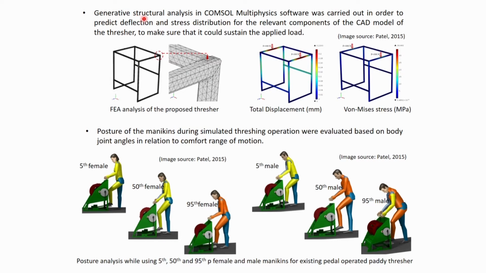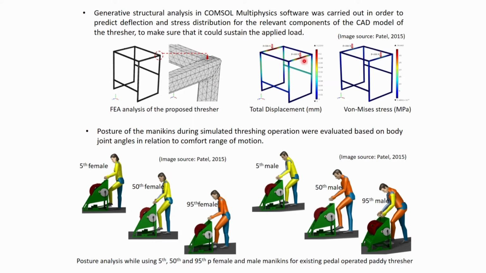Generative structural analysis in Comsol Multiphysics software was carried out in order to predict deflection and stress distribution for the relevant components of the CAD model of the thresher to make sure that it could sustain the applied load. So this is the main structure of the newly developed paddy thresher, and finite element analysis of the proposed thresher was carried out.